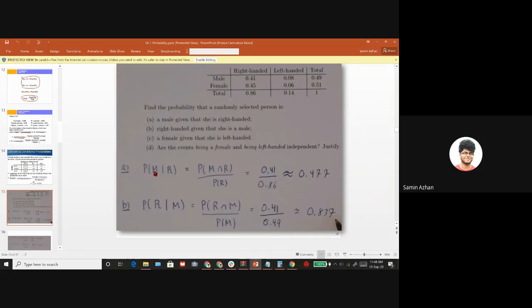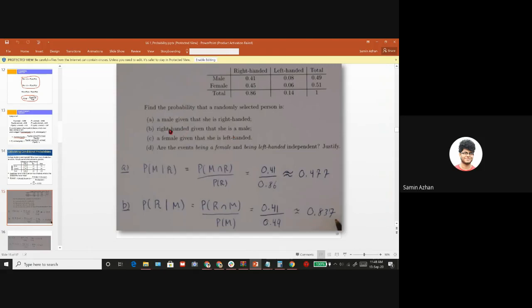So in the first case, we have to figure out the probability of M, or male, given R, or right-handed. So again, it's the probability of M and R divided by the probability of R. If you look at the table, you'll find your values.